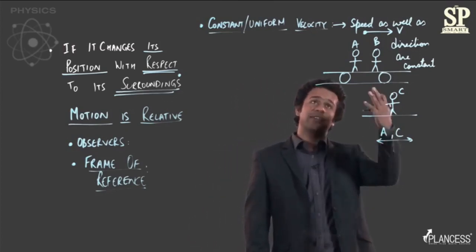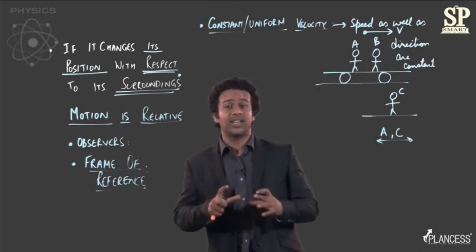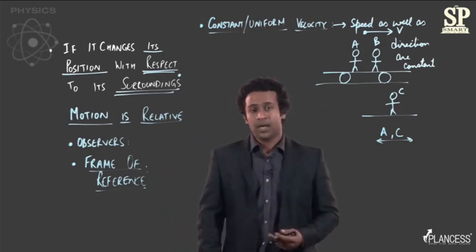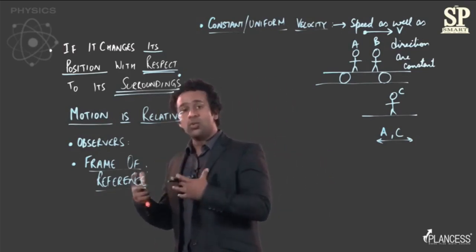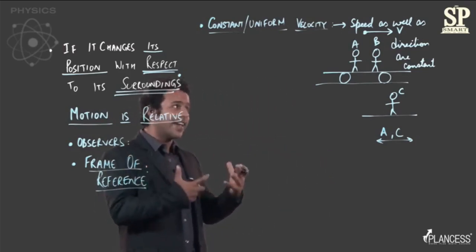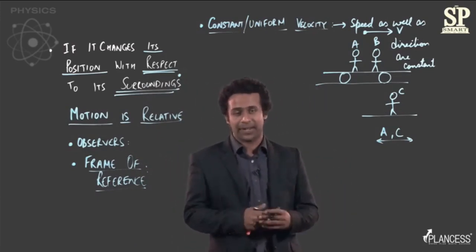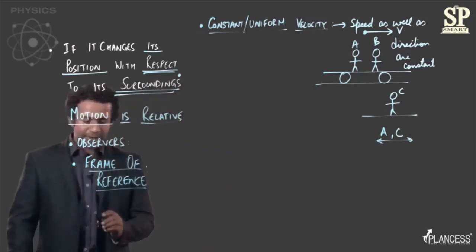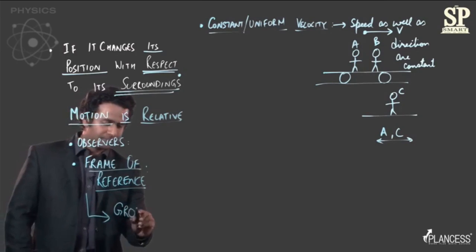Whereas, if you choose to see it through the observation of A, then you're choosing the cart frame because A is riding the cart. So frame of reference is just the name given to the way we are observing, or the place where the observer is standing, right? In this frame of reference, one frame that you typically would hear about is the ground frame.